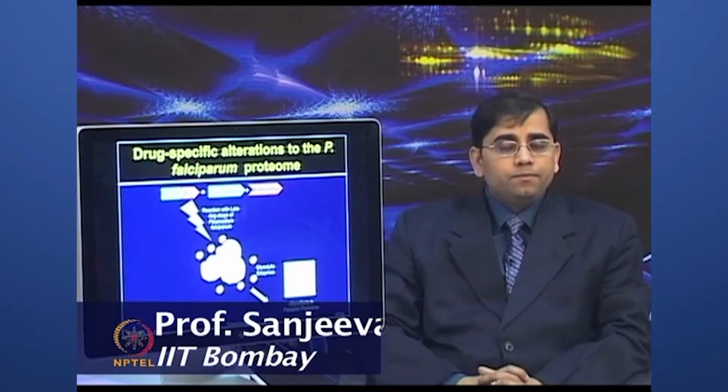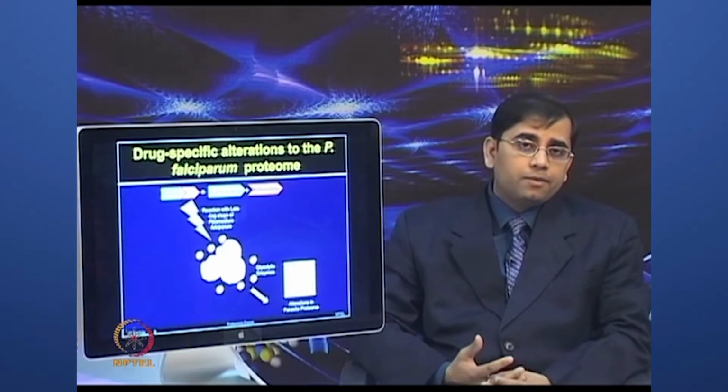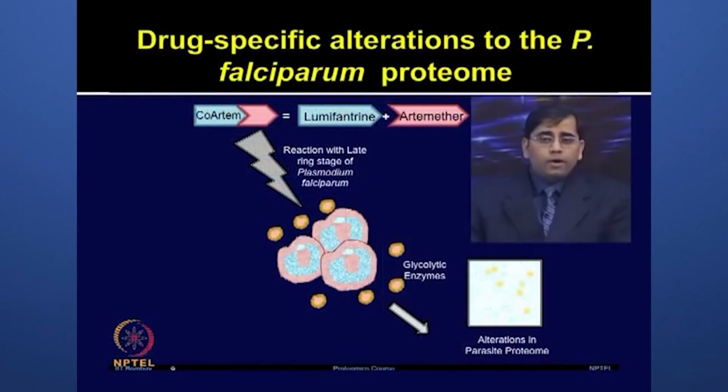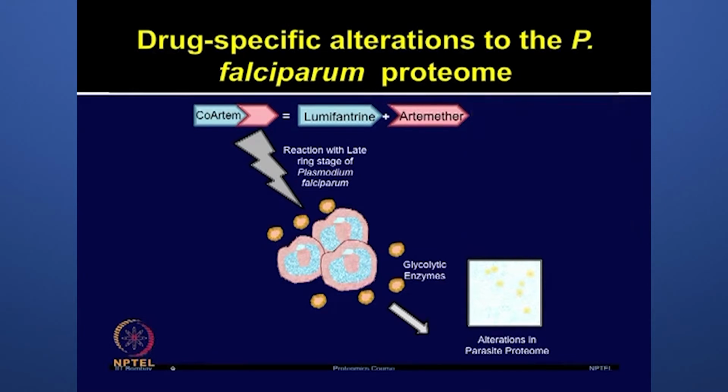authors were able to see that there is a differential proteomic response which is drug specific. So, quantitative analysis of the altered protein expression levels following exposure to the ARM and LUM were analyzed, and then those protein spots which were differentially expressed and statistically significant were further subjected to mass spectrometry based analysis.